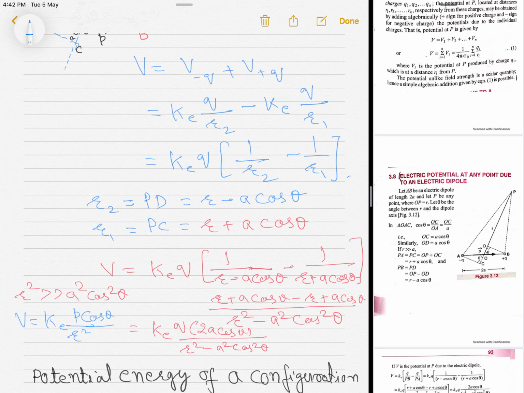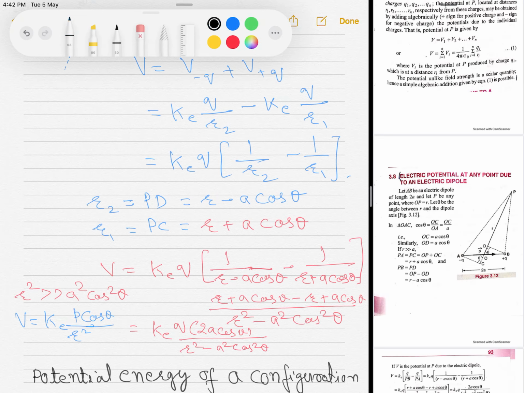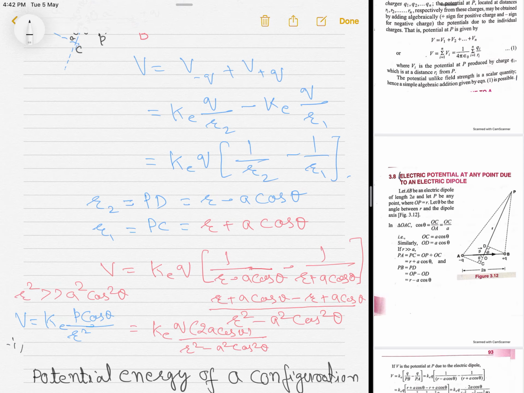So, there are two conditions. One is electric potential on the axial position, where theta is 0, cos 0 is 1, so V is K E P by R square.